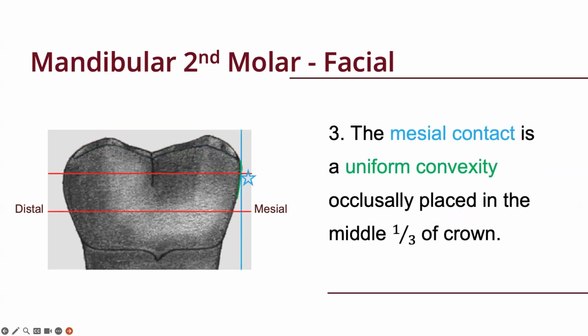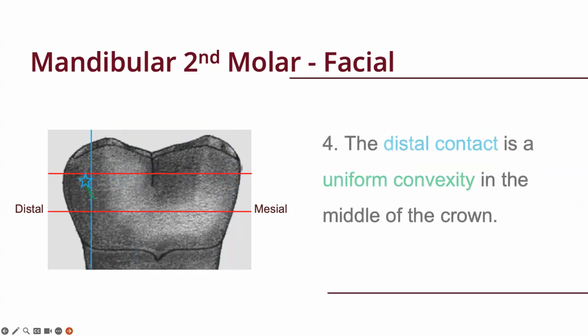The mesial contact is a uniform convexity occlusally placed in the middle third of the crown. The distal contact is a uniform convexity in the middle of the crown.